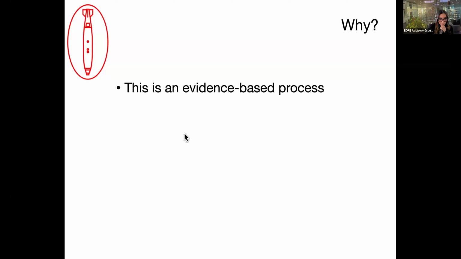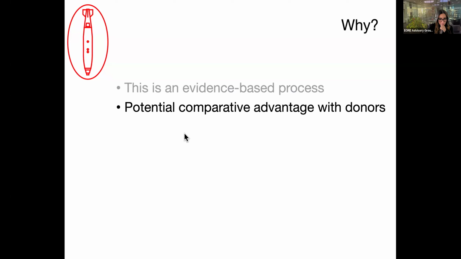Why do we need to do this? Well, what we're going to talk about today is an evidence-based process, and it will, I believe, give you a comparative advantage with donors. It means that you will have evidence about the efficacy of your risk education programs. And with today's uncertain funding, anything you can do to advance your case with donors has to be useful.